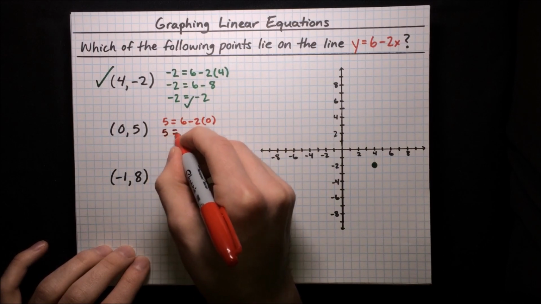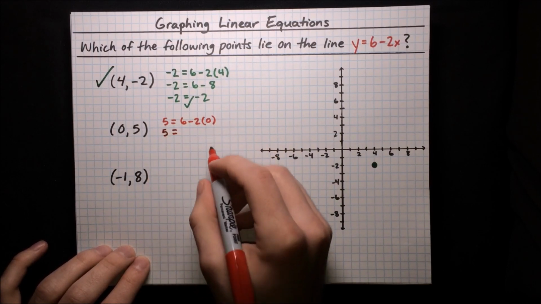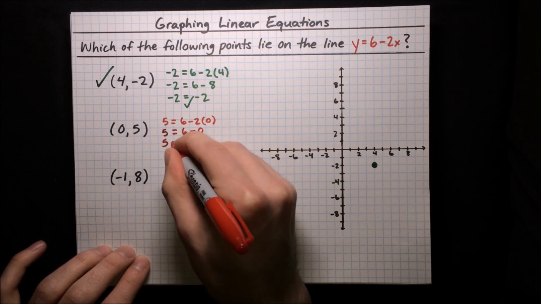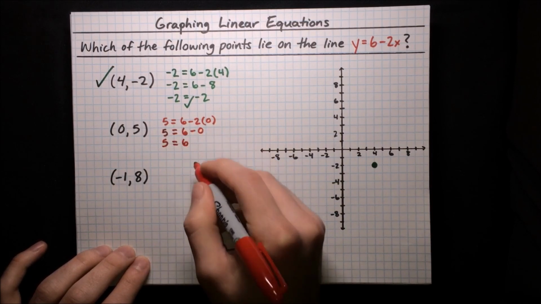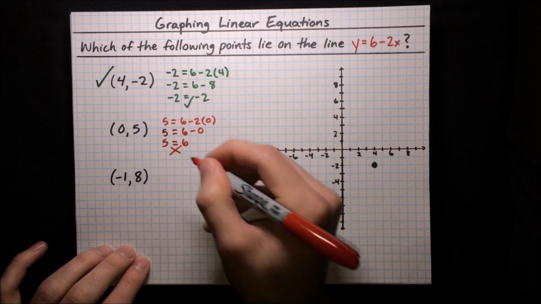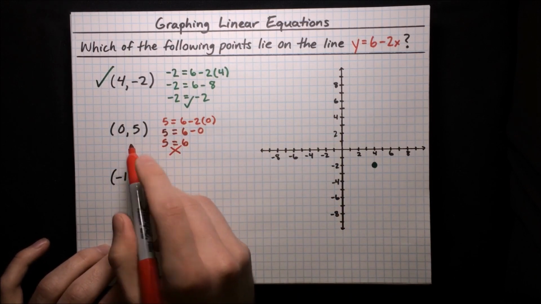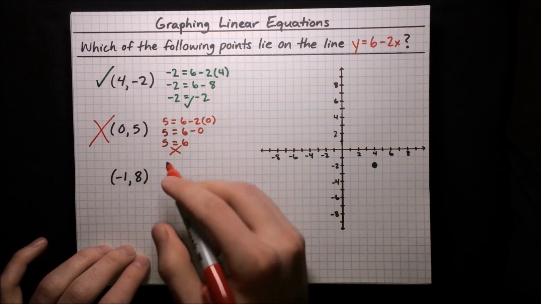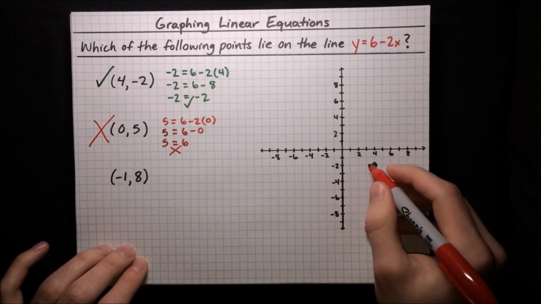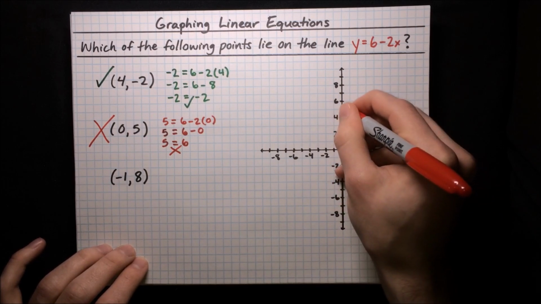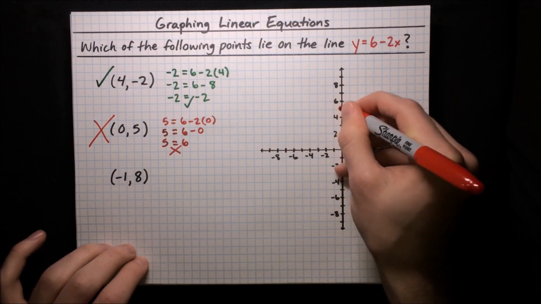So 5 equals 6 minus 2 times 0 is just 0, so this is 6 minus 0. So we simplify, we get 5 equals 6. And no, this is not true. This is false. So this point is not on our line. Nope. But let's plot it anyway, just to get a feel of where it is. So 0, 5 is right up over here.